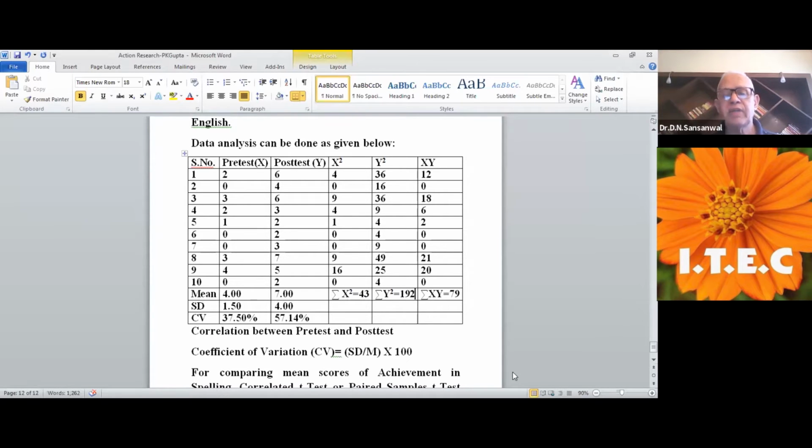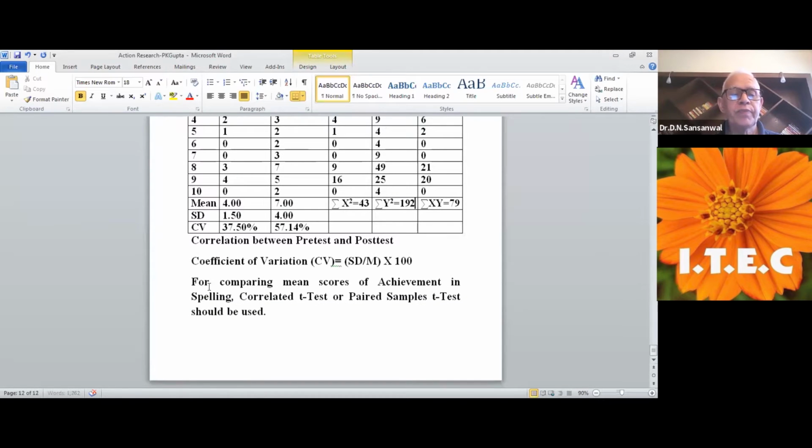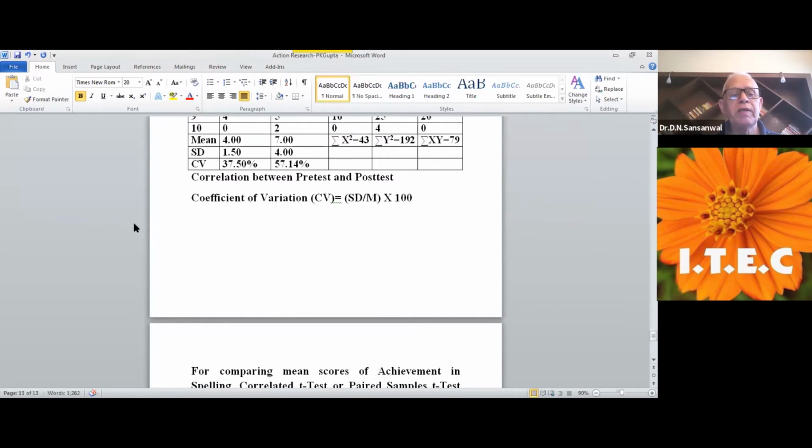Now this is our one. So I can calculate correlation. I'm giving you the formula. Those people who want to do it by hand can do it by hand.